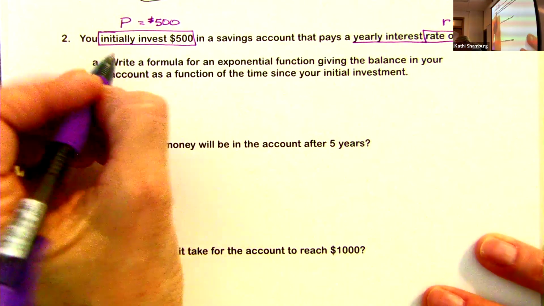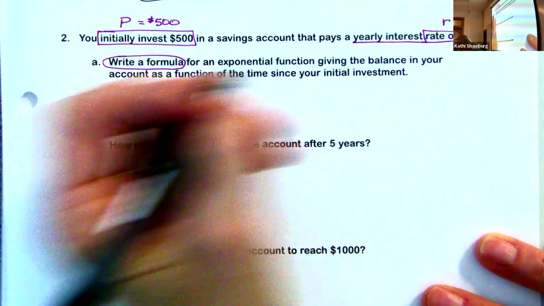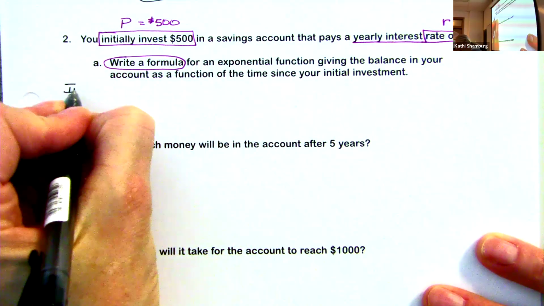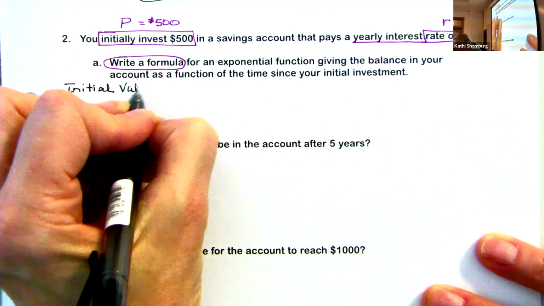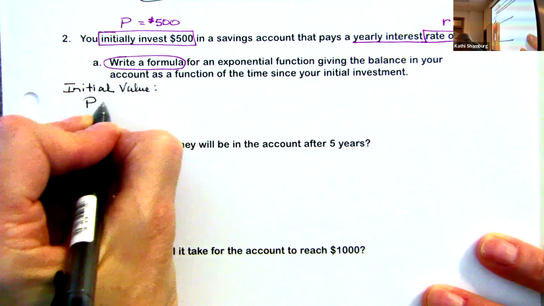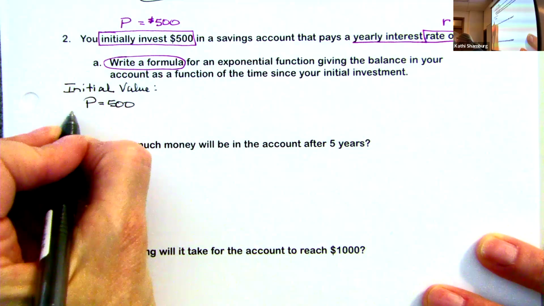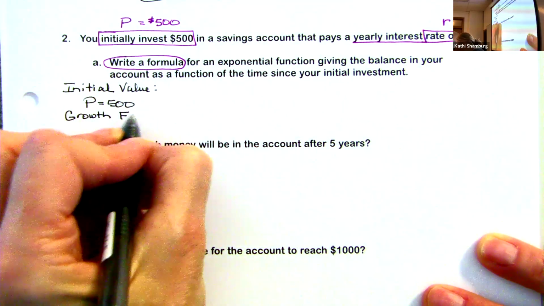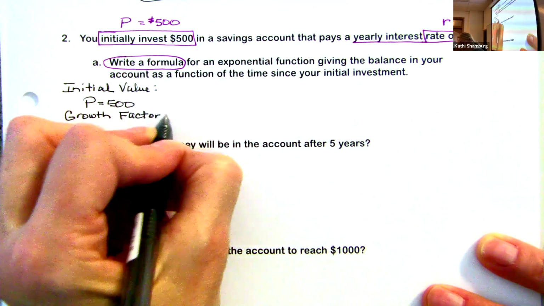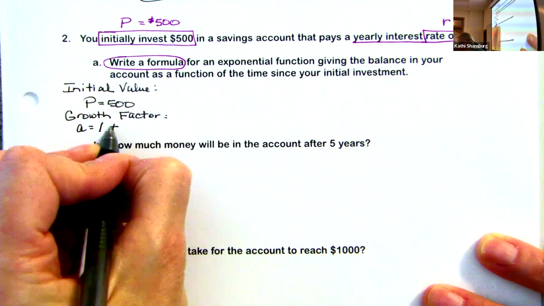Okay, write a formula. So we know we need our initial value, which you already told me is P equals 500. And we know we need our growth factor, which is A, and that is found by 1 plus what?